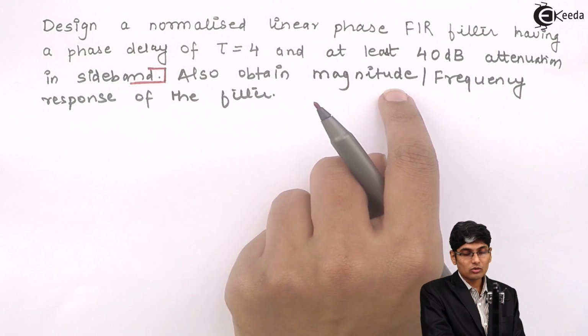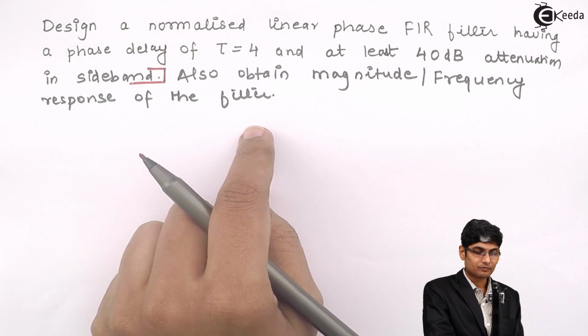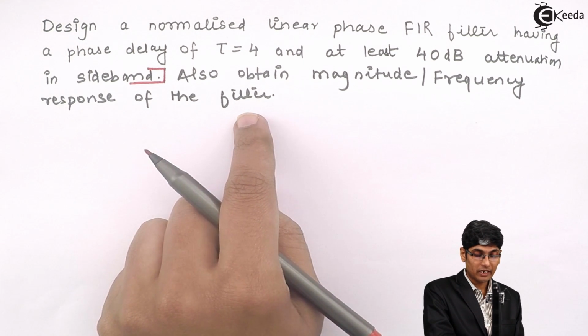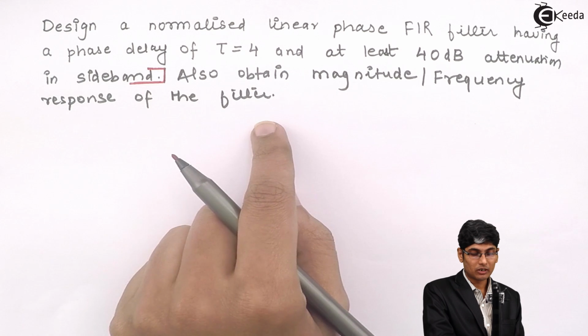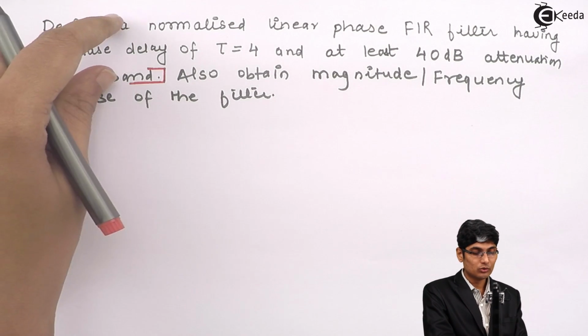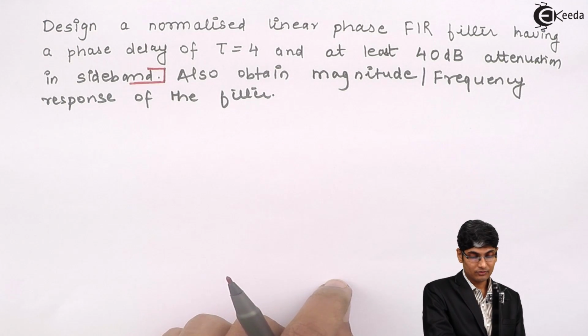After that, obtaining the magnitude and frequency response is the analysis problem which we have done in chapter number 1. So let us understand first how to use these 3 lines and design an FIR filter.